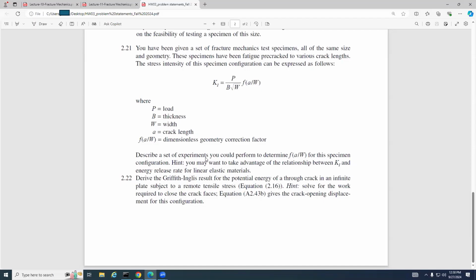For this one, you finish this and get Pi. And after you get Pi, then you use Pi minus Pi 0. This equals 4 sigma squared b over E, integral from 0 to a of the square root of a squared minus x squared dx.